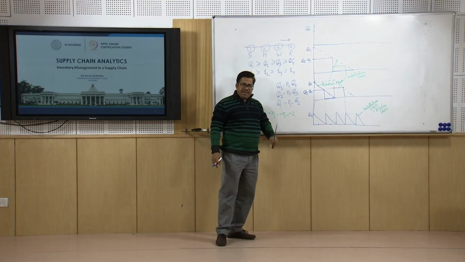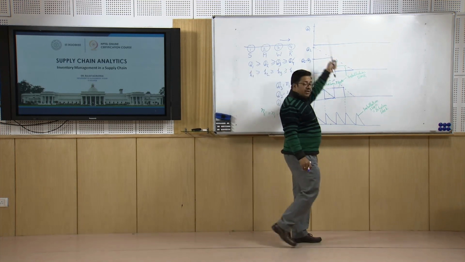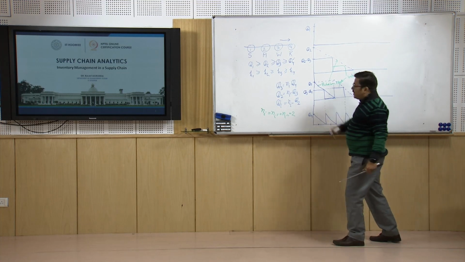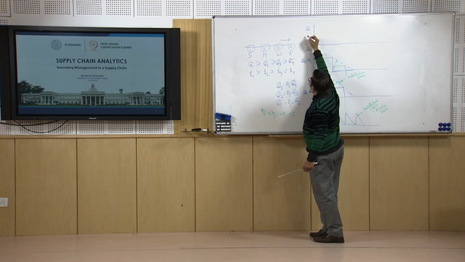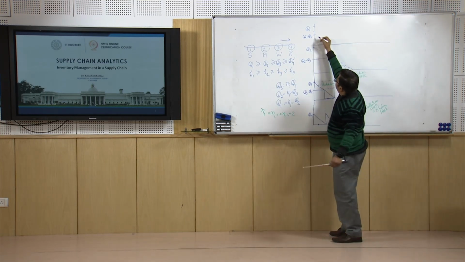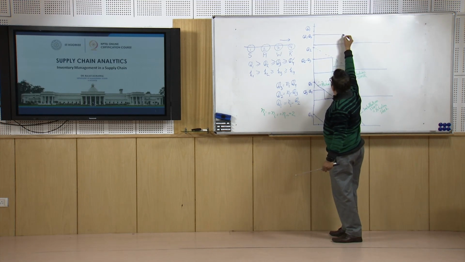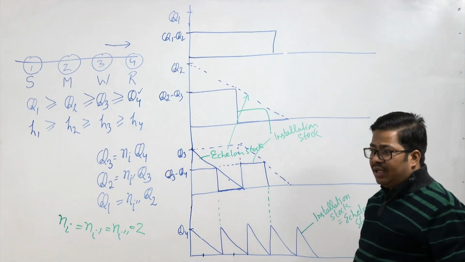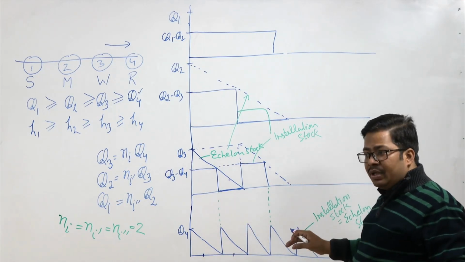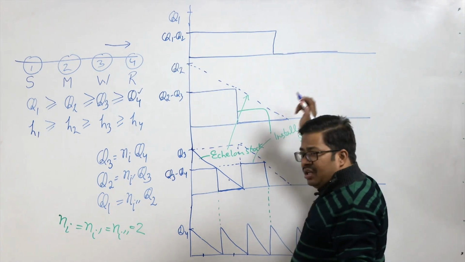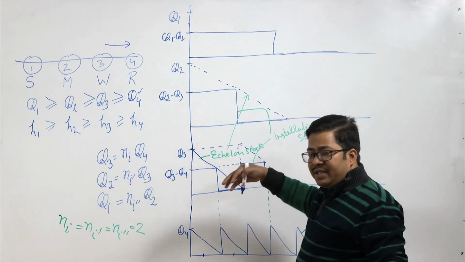So at time T0 you receive Q1 items at stage 1, and out of that immediately Q2 items are shipped to stage 2. So you are left with Q1 minus Q2 items, and you will continue with this Q1 minus Q2 for one complete cycle of stage 2, and then you will be with 0 inventory for another complete cycle.